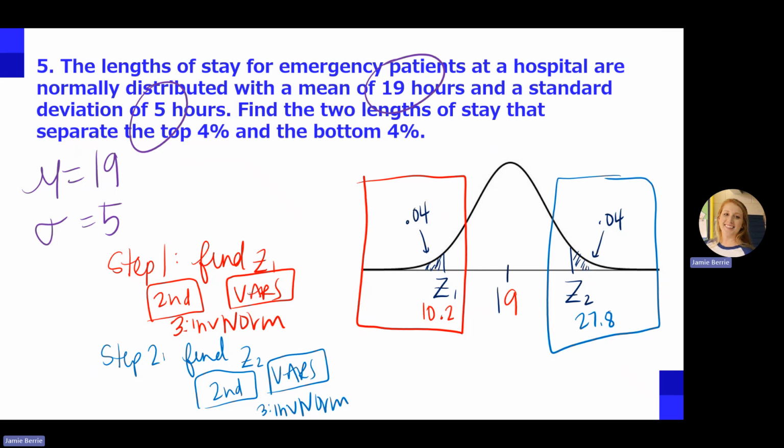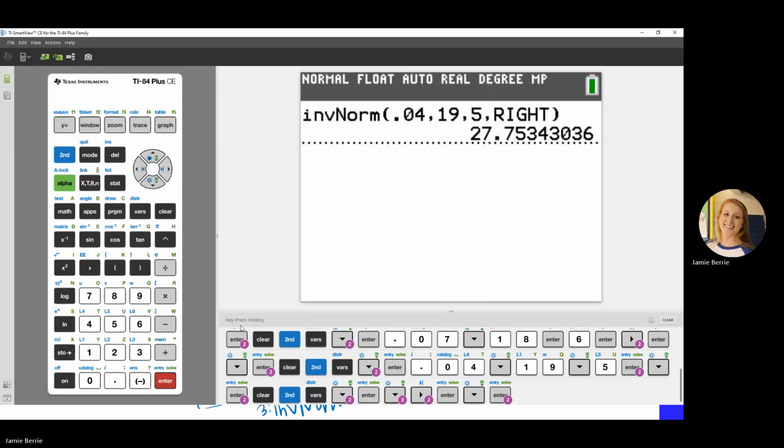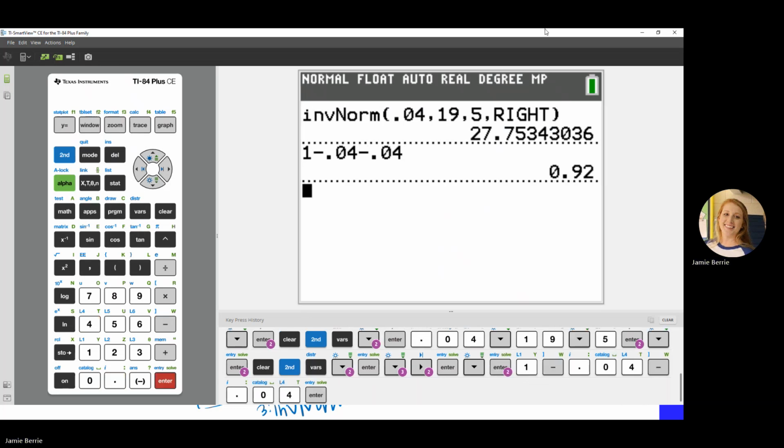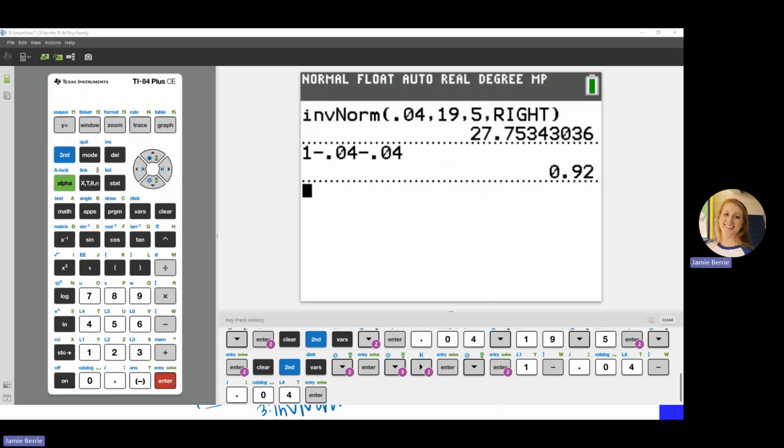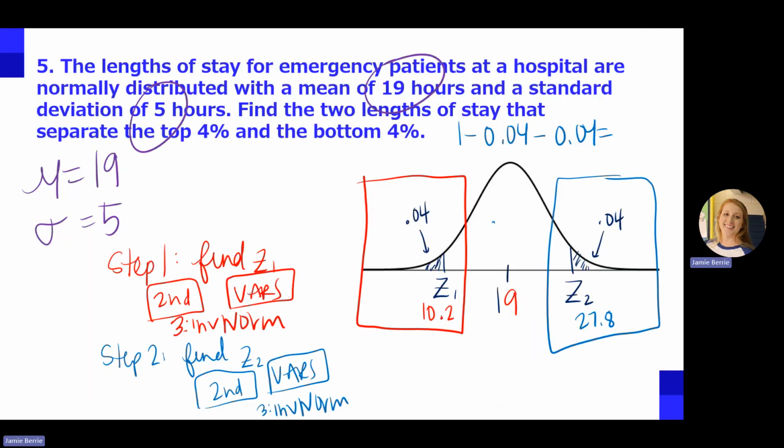I know that the whole area under the curve has to add to 1. So I would say 1 minus 0.04 minus 0.04. 0.92 would be the area in the middle.